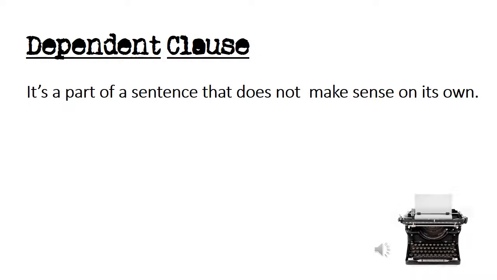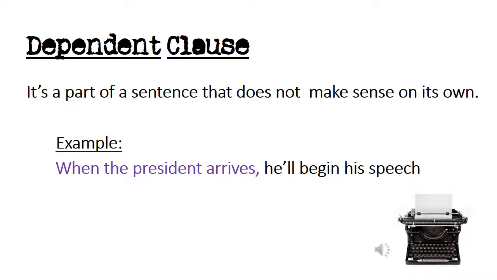Take a look at the following example. When the president arrives, he'll begin his speech. The first part of the sentence is a dependent clause because it doesn't make complete meaning on its own. If I get to your house and suddenly tell you, "When the president arrives," you will probably have a question mark face because there is something missing in the sentence.